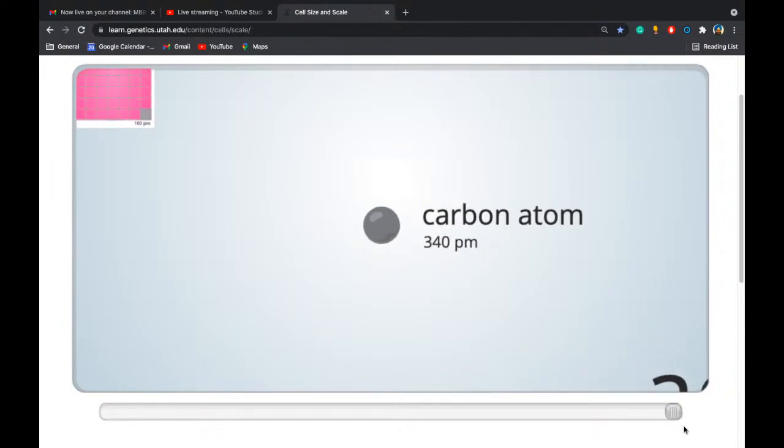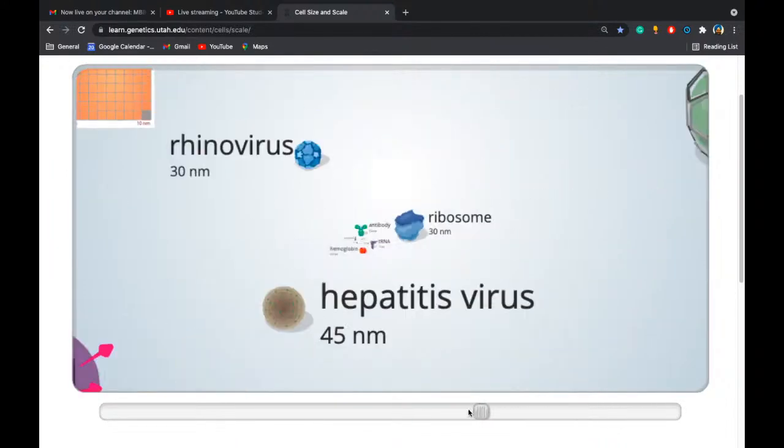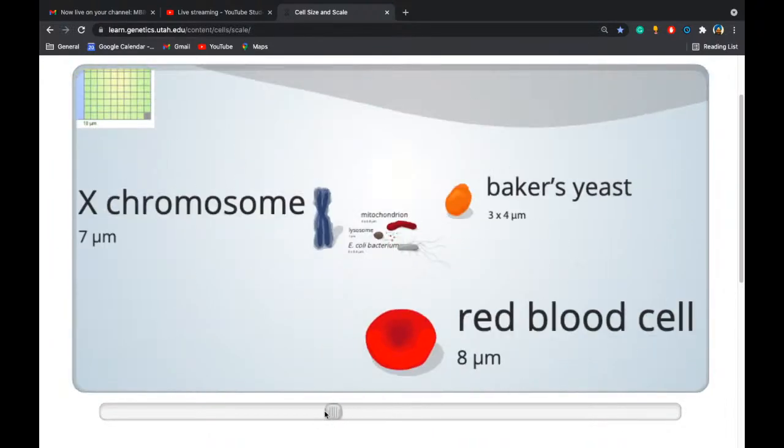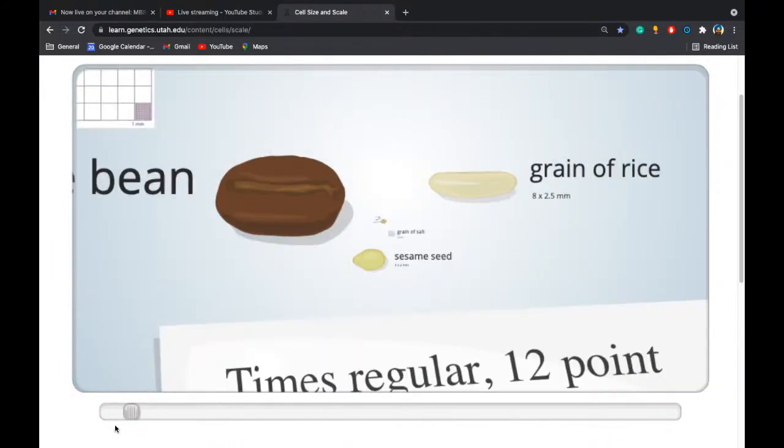So we can say the basics of our life, where we originated, is basically from carbon, oxygen, nitrogen, and all these sizes are so tiny, 340 picometers. Gradually they come together, go into the nanometer size, then micrometer size, then millimeter size.